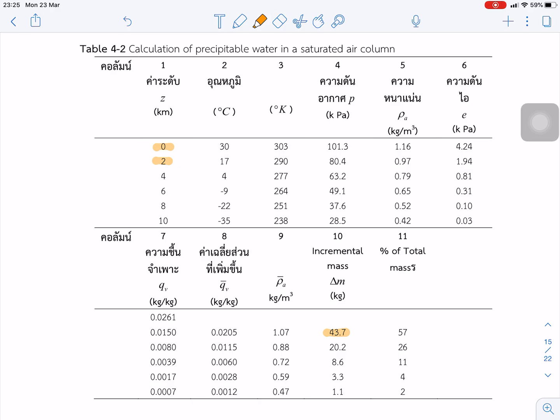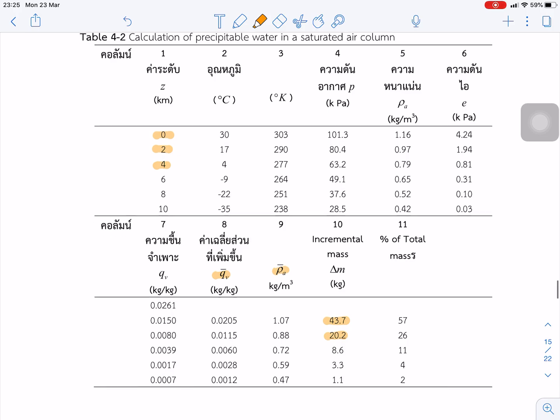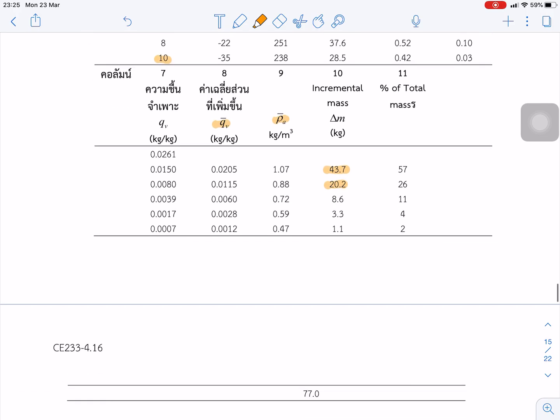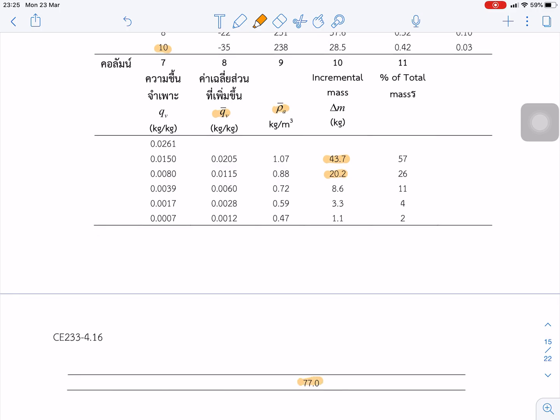We can do further for 4 kilometers, find the average specific humidity and density, and we get the incremental mass about 20. We continue until we finish at 10 kilometers, so we have the mass of about 77.